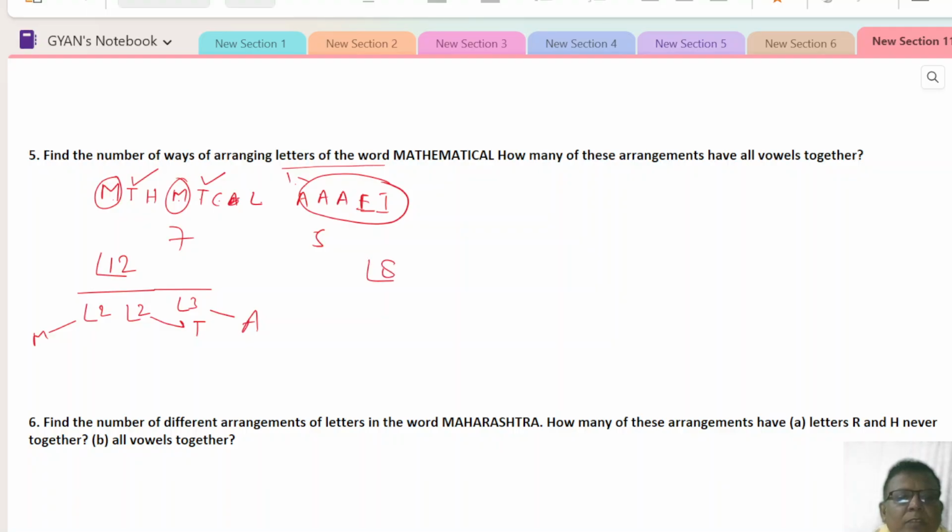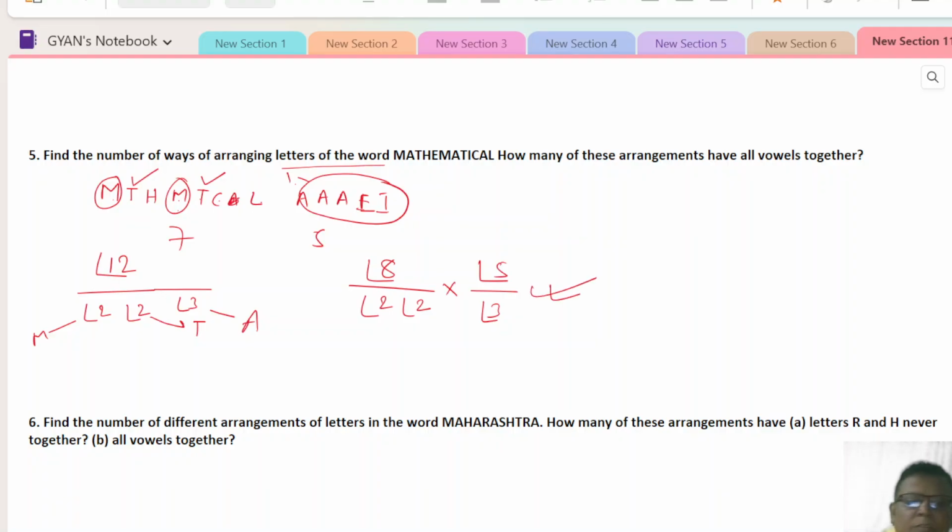So that will be factorial 8 divided by factorial 2 into factorial 2. The vowels can also be arranged among themselves in factorial 5 divided by factorial 3 ways. So this is the answer.